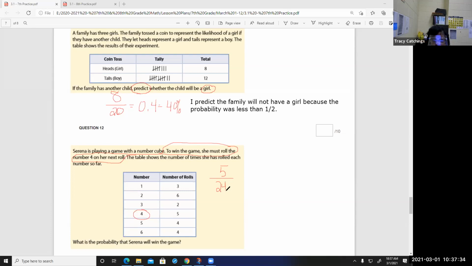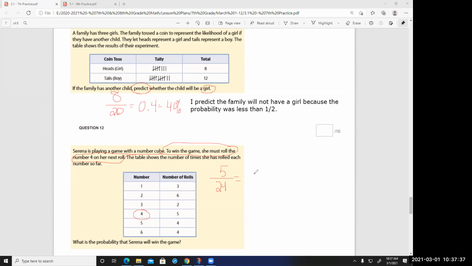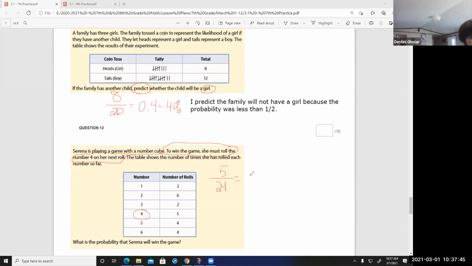All right, 24. Divide it out. .20. All right, shift 2 times. And we can say about 21%. That's a small percentage of winning.